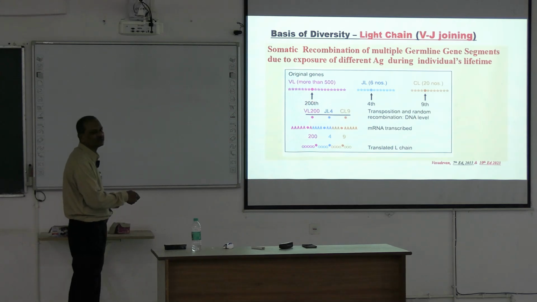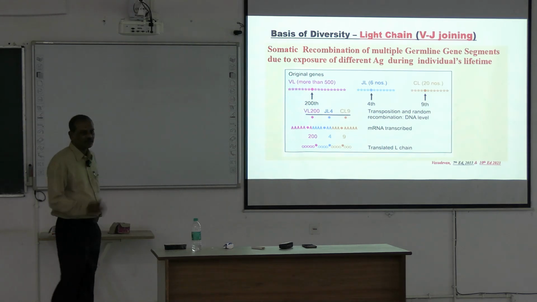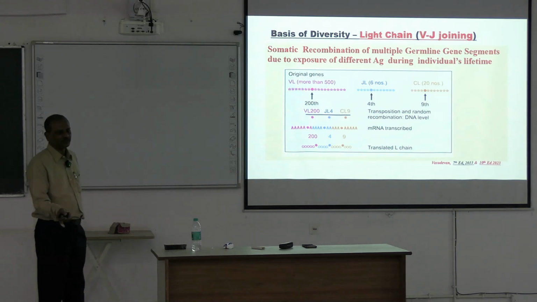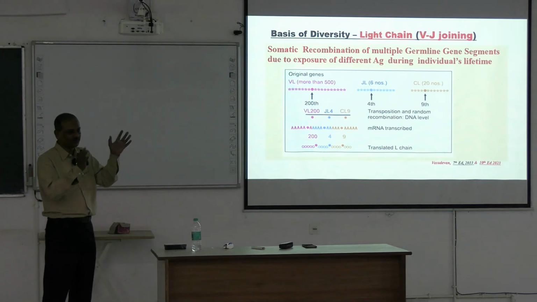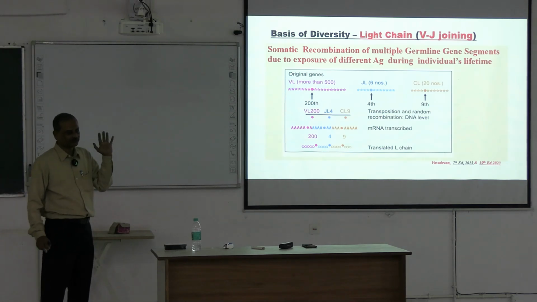The same picture that you have taken in the photographs: we have taken this V, this J chain, and CL is there. At the end you will get a gene like this and that gene will be transcribed. There must be matching between the light chain and heavy chain, otherwise it will not be able to bind.